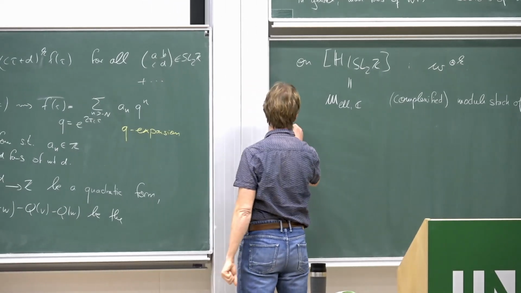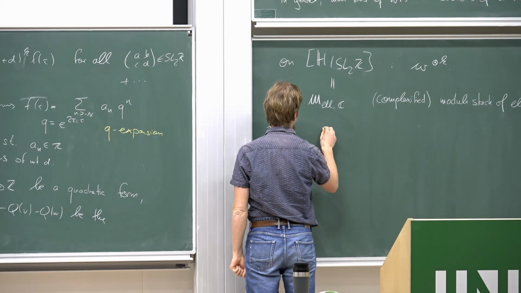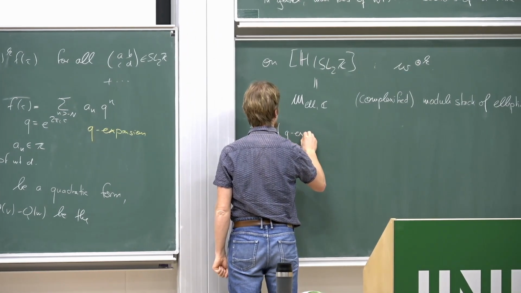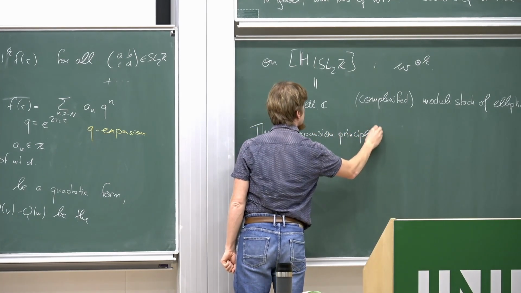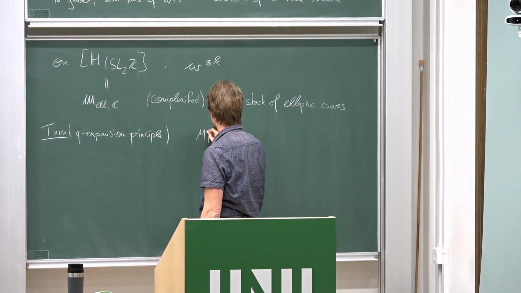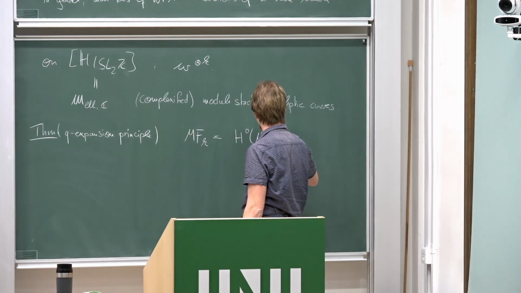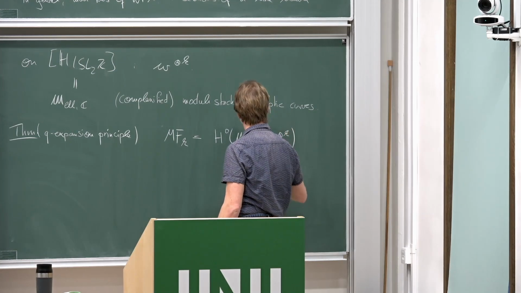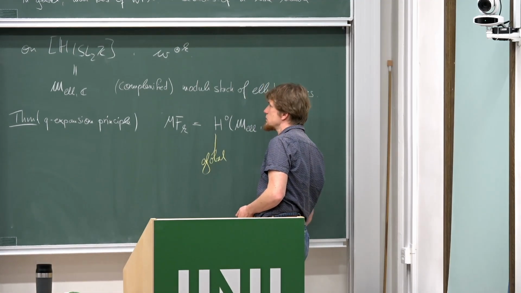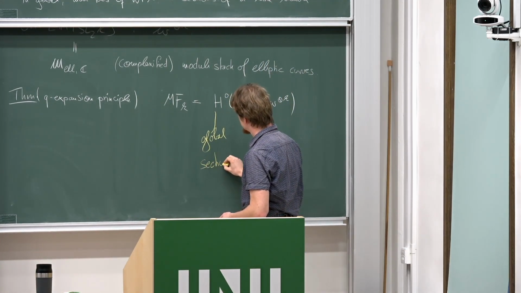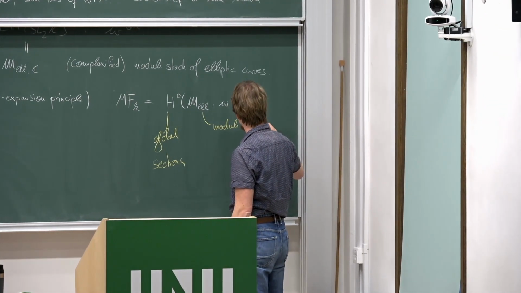And then there's a theorem, which is a bit harder, sometimes called the Q expansion principle, which says that integral modular forms of weight k are the same as global sections of this line bundle on the moduli stack of elliptic curves.